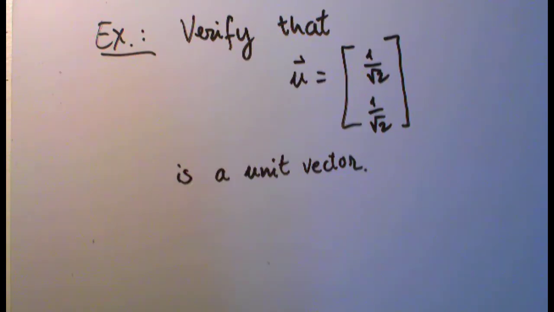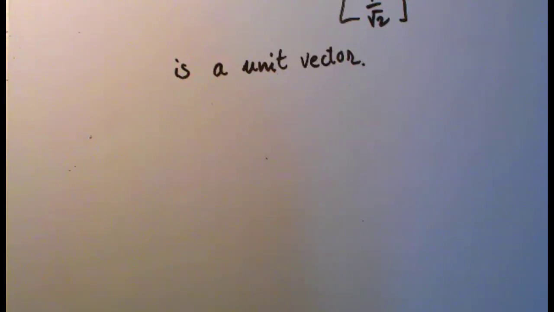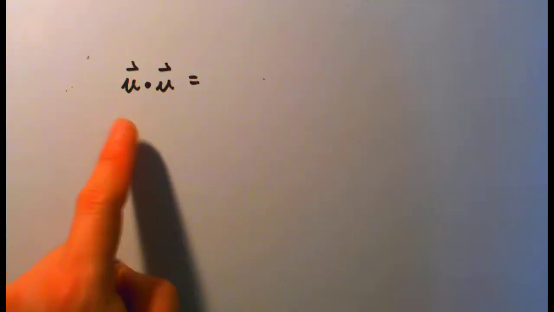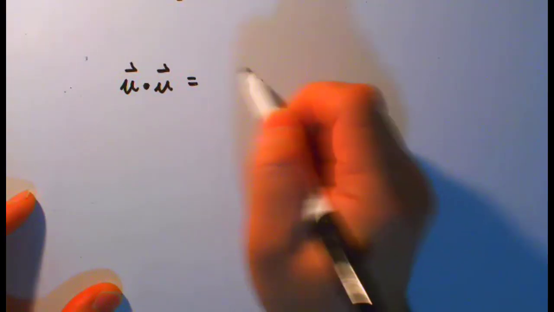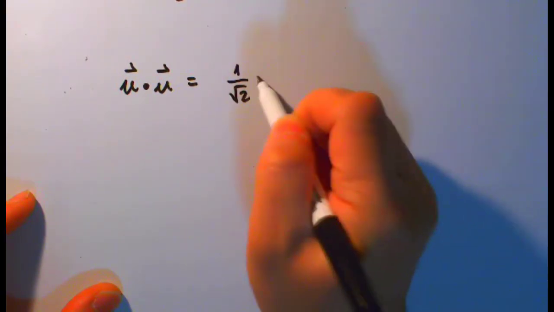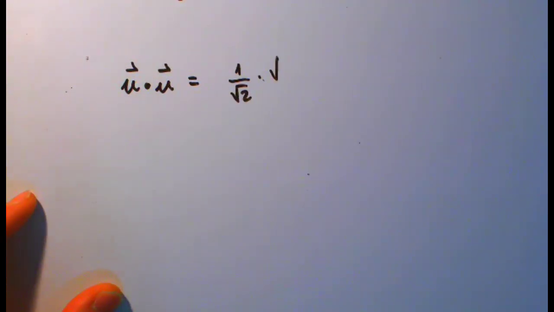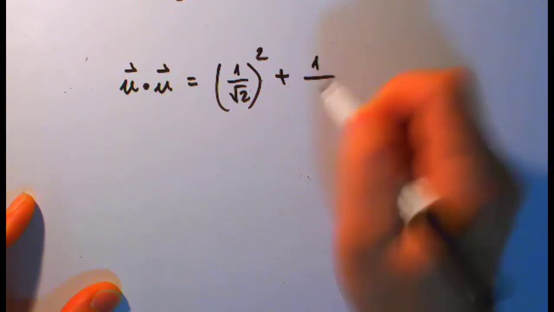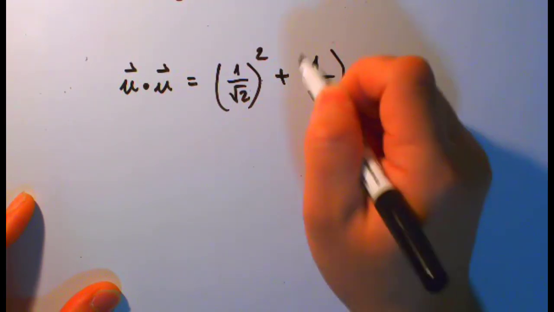And so, straight from the definition we've learned earlier, all we need is to find out whether or not u dot u equals 1. The vector u dot itself is going to be 1 over square root 2 squared plus 1 over square root 2 squared.